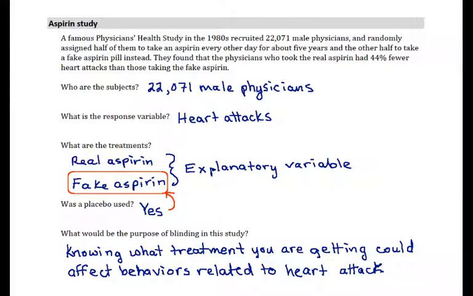Maybe it's going to make you more likely to indulge in bad behaviors like eating more fatty foods, not exercising, that sort of thing, because you feel like the aspirin's kind of got it all covered, right? It can have effects in both directions, but knowing that you're taking a treatment having any effects at all in your behavior in ways that could influence the response variable is really serious for trying to trust the results of the study. So this is why we have blinding and why it's so important to use that placebo.